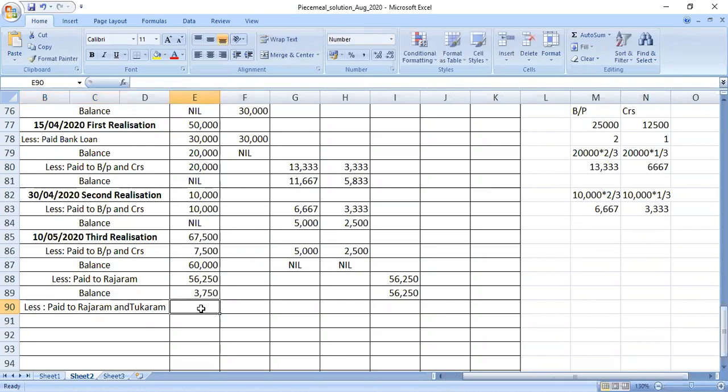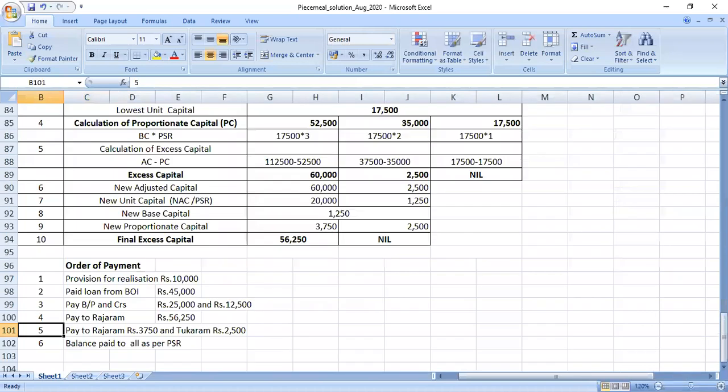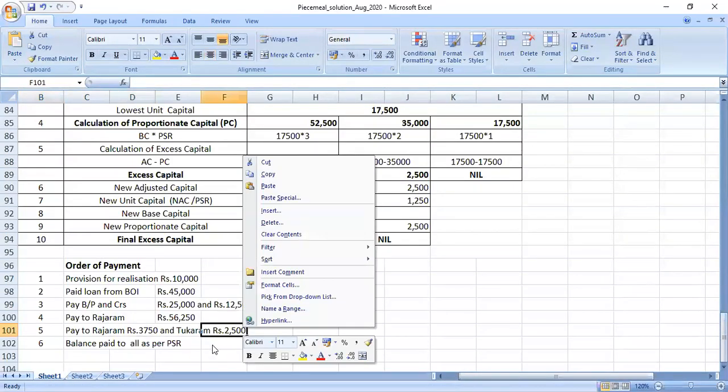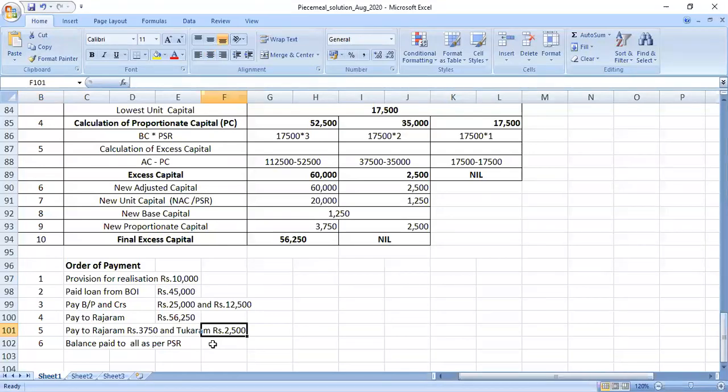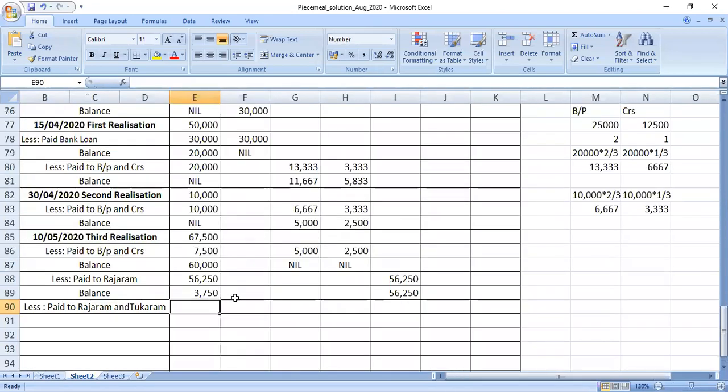Now we have 3,750 balance, and we want to pay 3,750 plus 2,500 in one shot. It means we want to pay 6,250, but it's not possible because we have only 3,750.